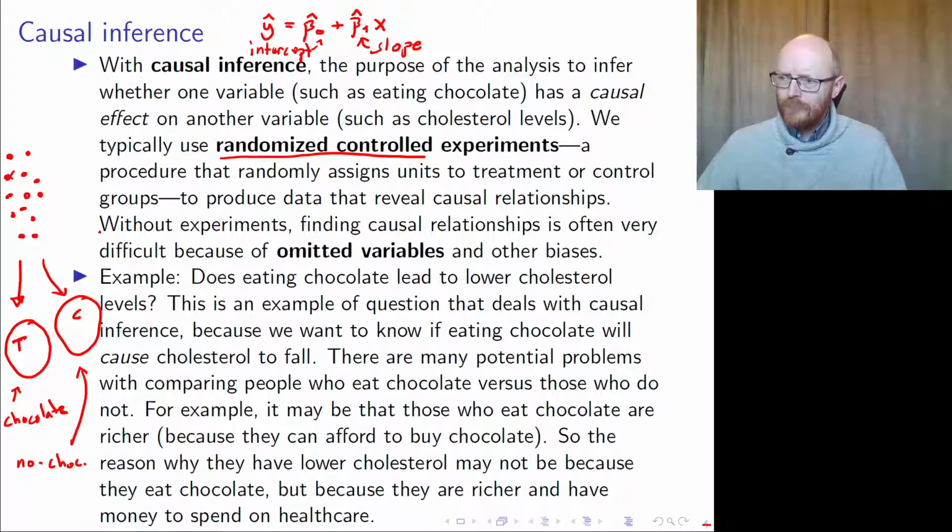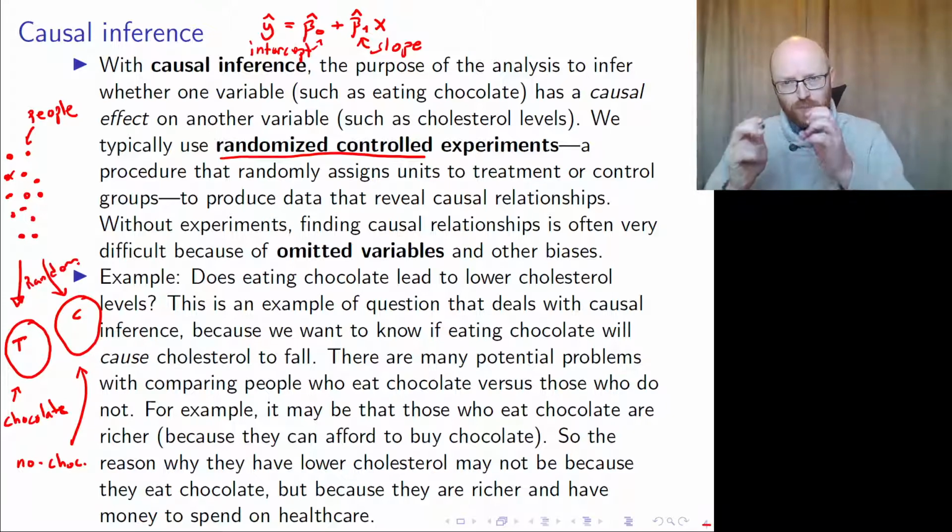Okay, so these people are picked at random to be a part of each group. And in this example, we are looking at, does the eating of chocolate reduce your cholesterol level?